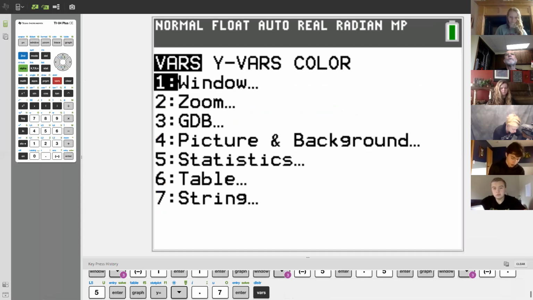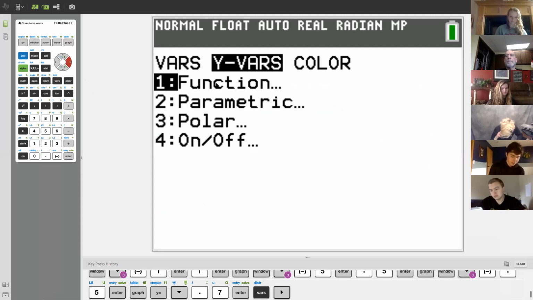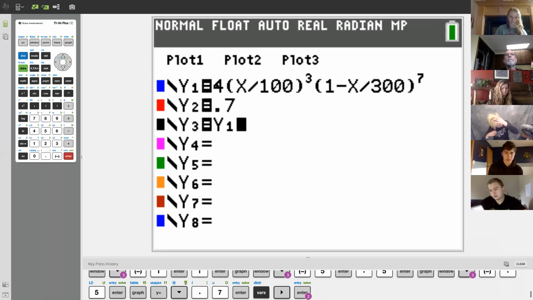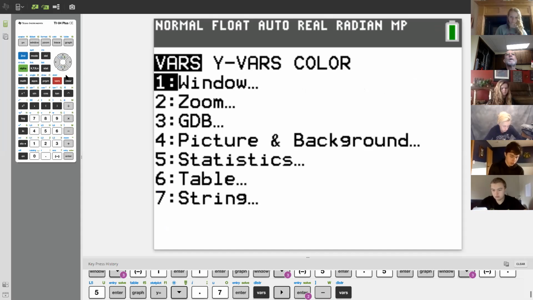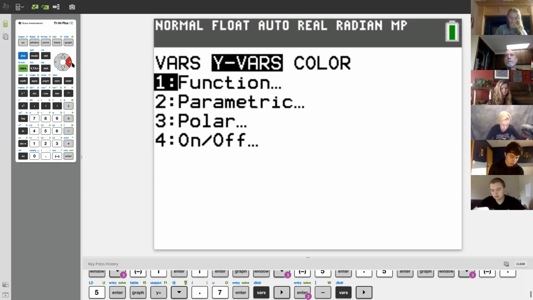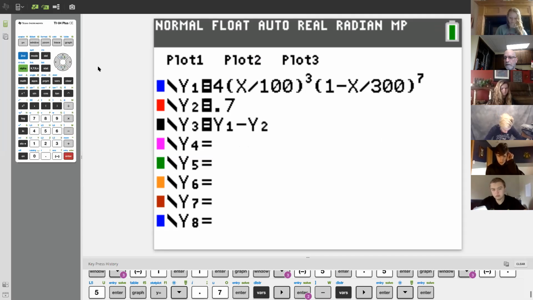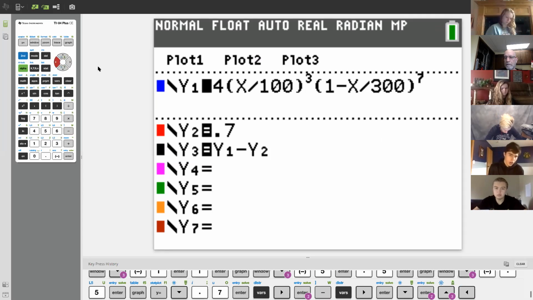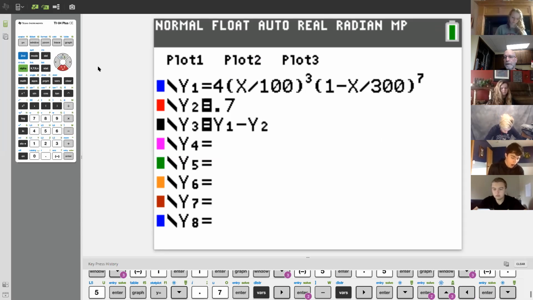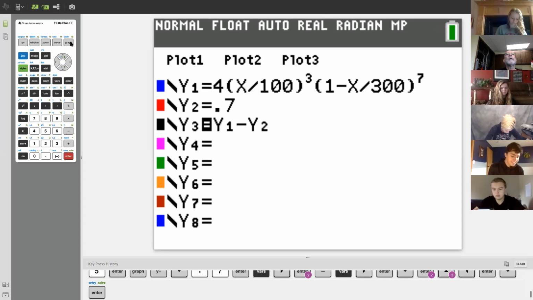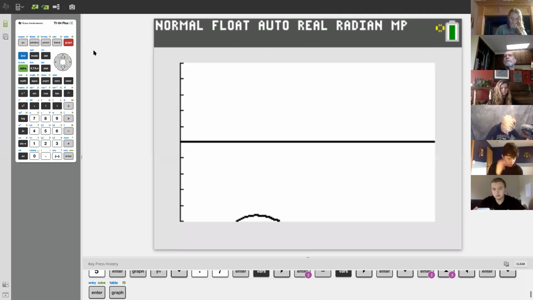Go to vars, minus vars, turn that off, turn that off, and now graph. Oh, it's a terrible graph, Adam.